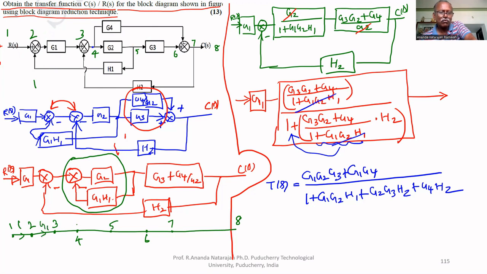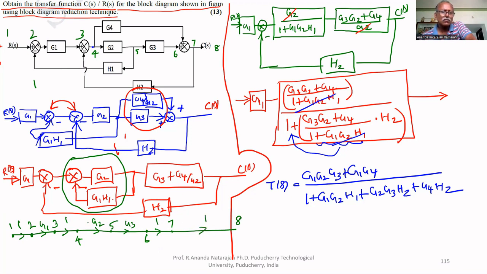Between 3 and 4, nothing is there. Between 4 and 5, G2 is there. Between 5 and 6, G3 is there. Between 6 and 7, nothing is there. 7 is the summing junction take-off, between 8 and 1.